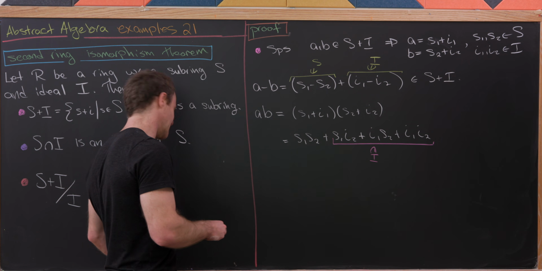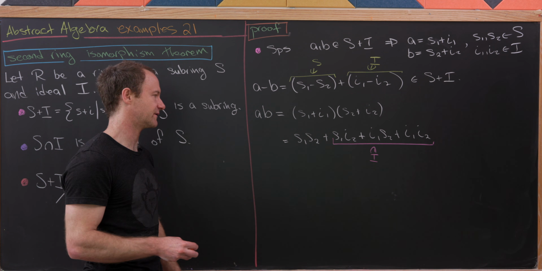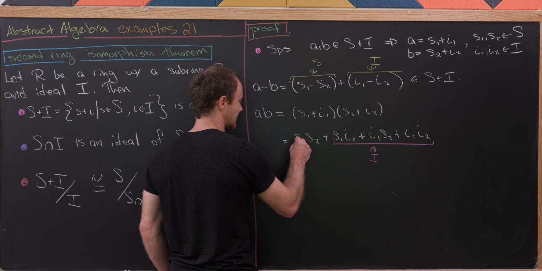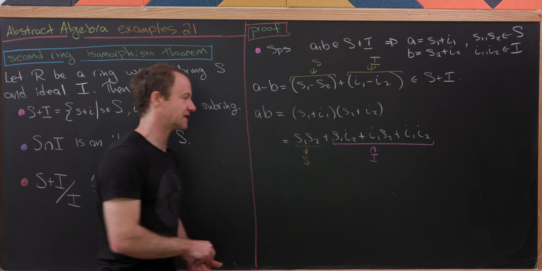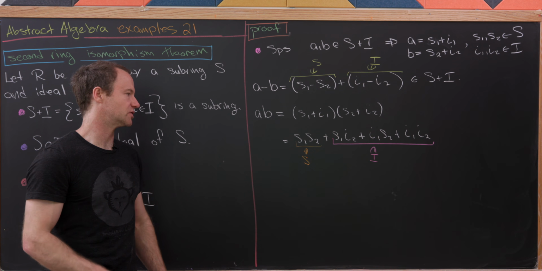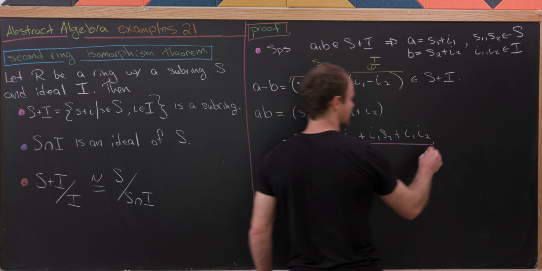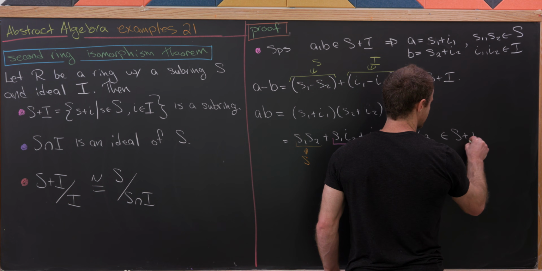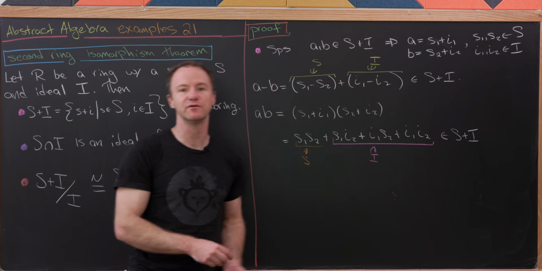But that's maybe even a special case of the absorption property. And then this S1 times S2, since S is a subring, is inside of S because being a subring means you're closed under multiplication. So notice this is something in S plus something in I, so this is in S plus I. So that means we've proved this first dot, and let's move on to the second.